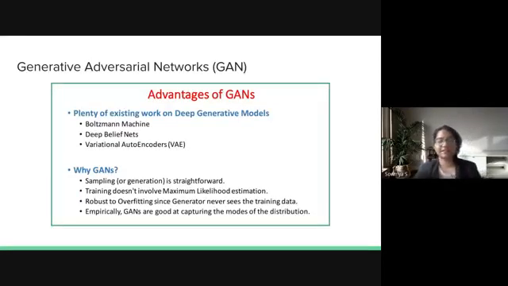Now, what are the advantages of GAN? We have seen in the last few representation learning modules the Boltzmann machine, again a generative model, and variational autoencoders, again a generative model. What is it about generative adversarial networks that gives them an edge and makes them perform so well? First thing is the generation is straightforward.